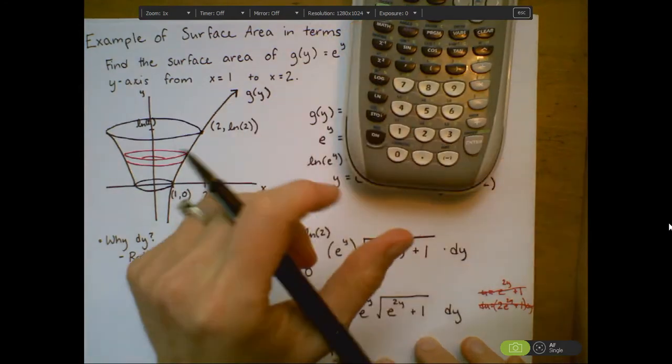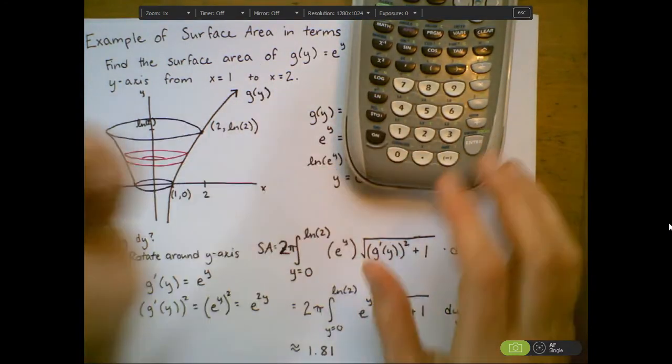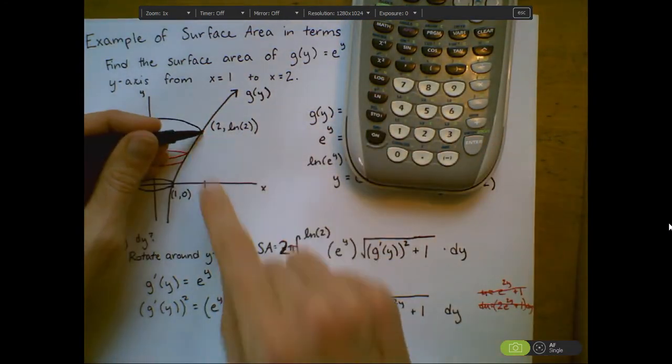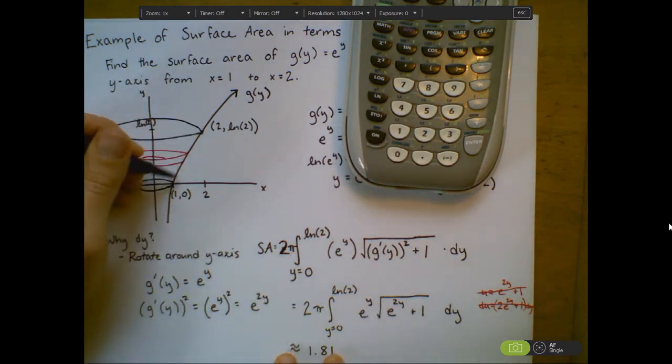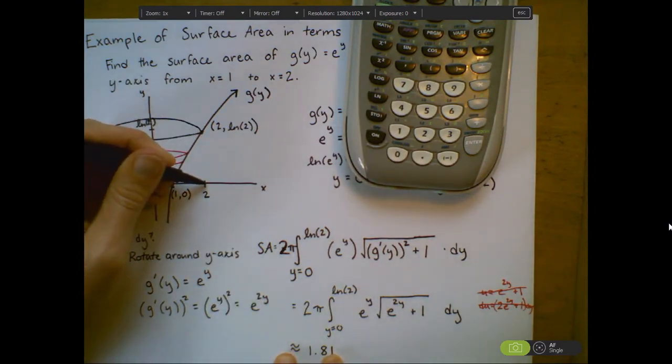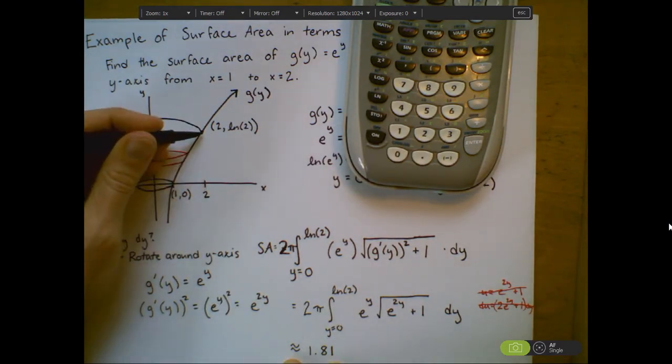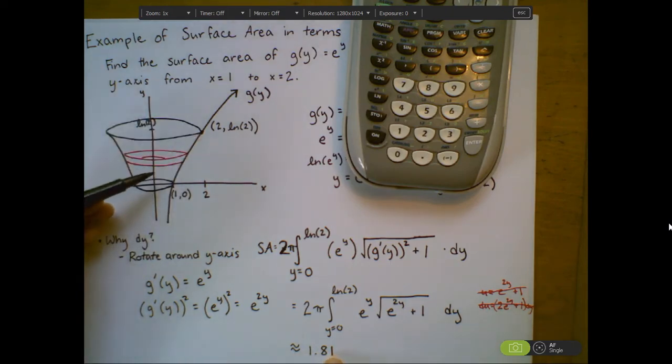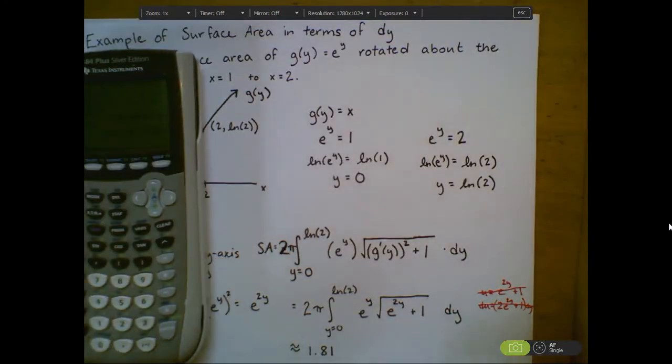And again, this is actually at a height of about 0.69, so it makes sense that this distance is traveling 1 unit in this direction and then 0.69 up in this height. That means that it makes sense that that total answer is about 1.8. Although, that's just the integral. I forgot to add the fact that this is going to be 1.8 times 2 pi, of course, because we're rotating it around.